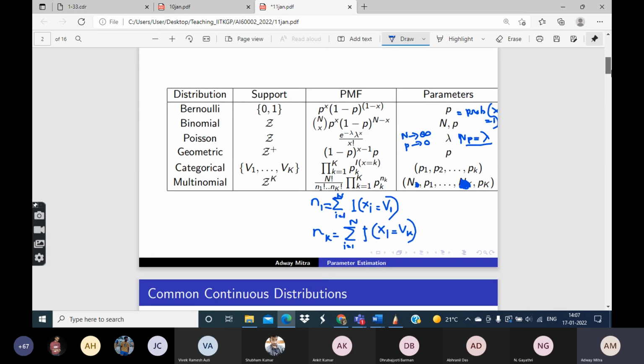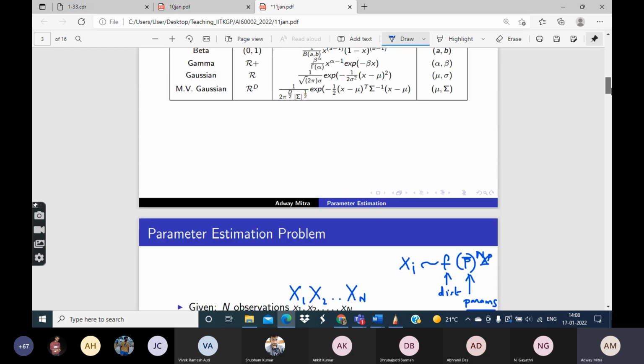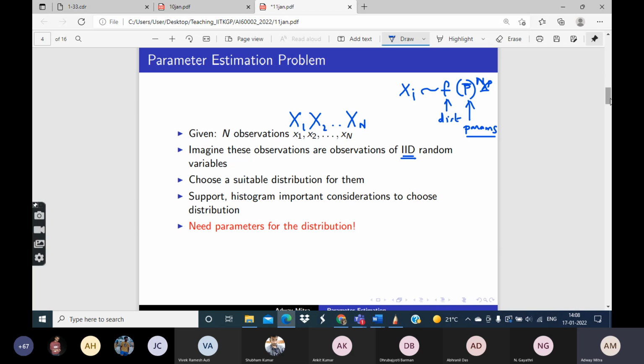For example, we know that the Bernoulli distribution has the support set 0, 1, binary values. For binomial distributions, it is numbers, and similarly for Poisson, and so on. So depending on the kind of observations we have, we will be able to understand which probability distribution's support set the observations lie within.